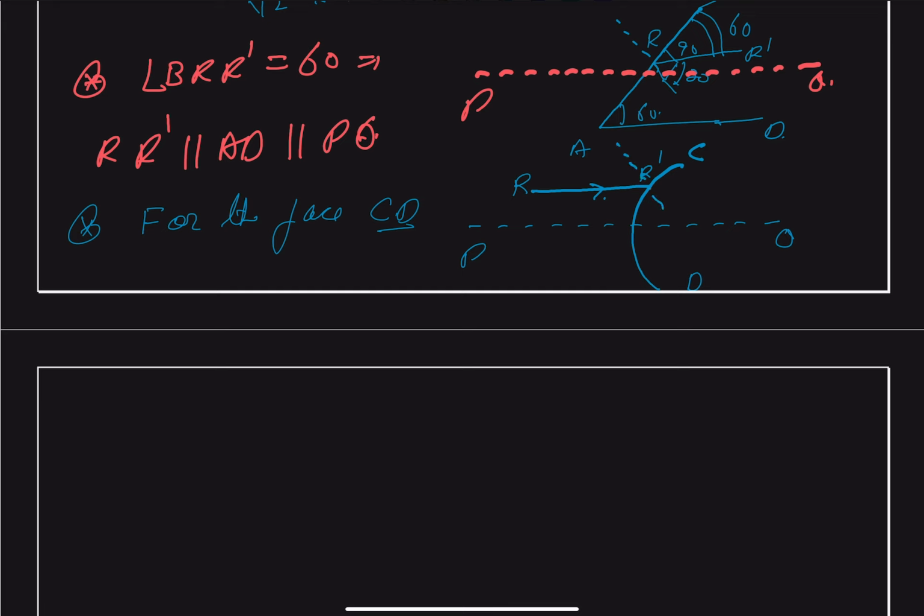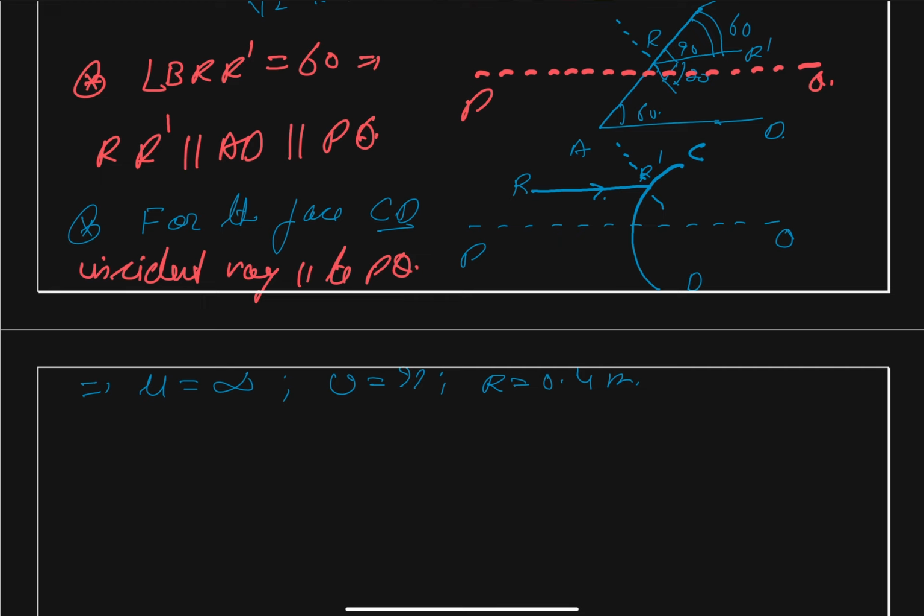So for the face CD, we have our incident ray parallel to PQ, which gives us that the object will be at infinity, and we have to find out v, and we already know the radius of curvature is 0.4 meters.